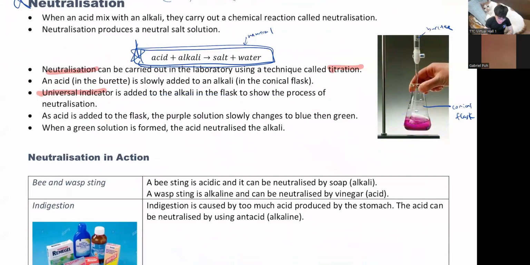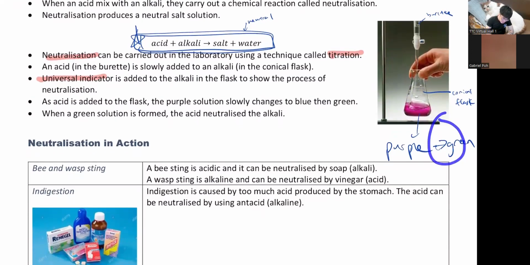At the beginning, you should see purple here because it's alkaline. And then how do you know when to stop? You stop when this turns green, because green is neutral. When it turns green, you stop.